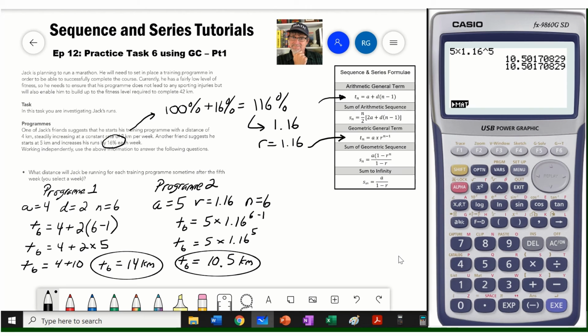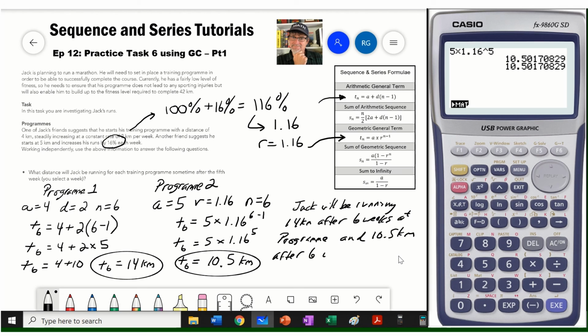Okay, so if we want to summarize this, we could say Jack will be running 14 kilometers after 6 weeks with program 1, and 10.5 kilometers after 6 weeks with program 2.